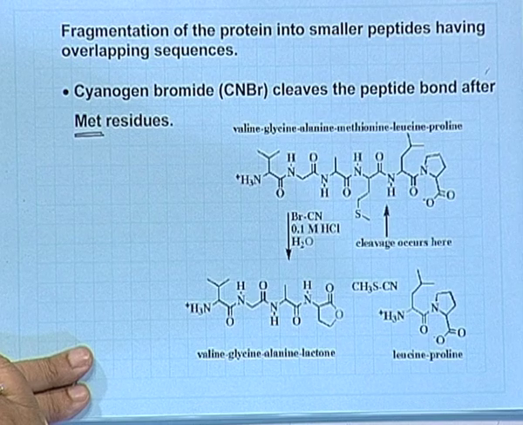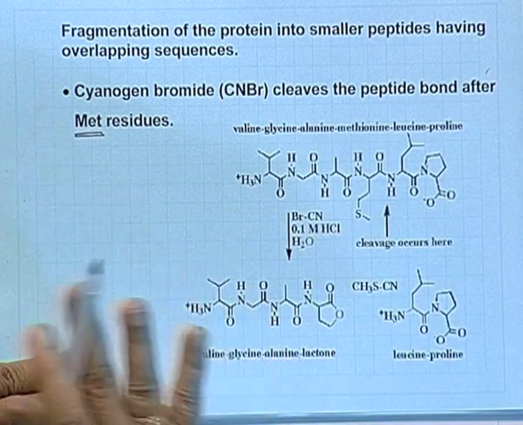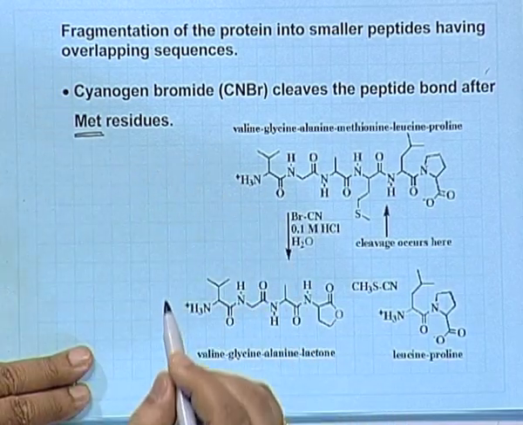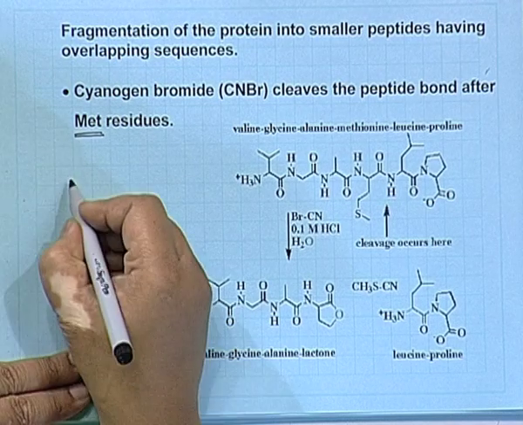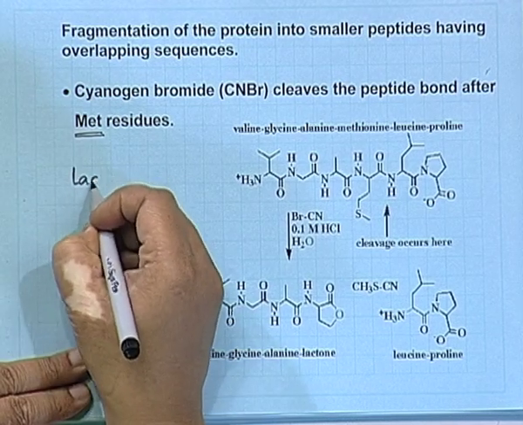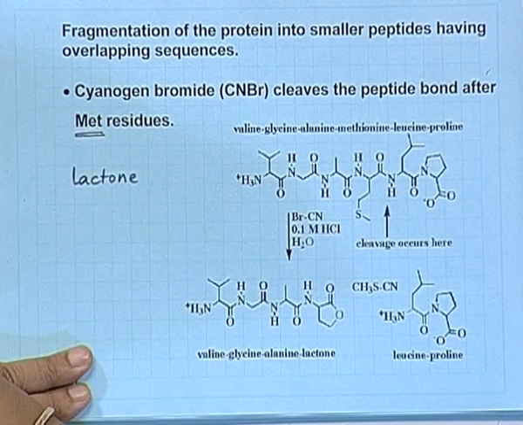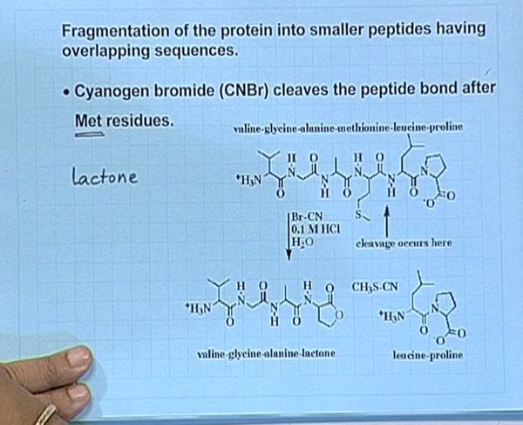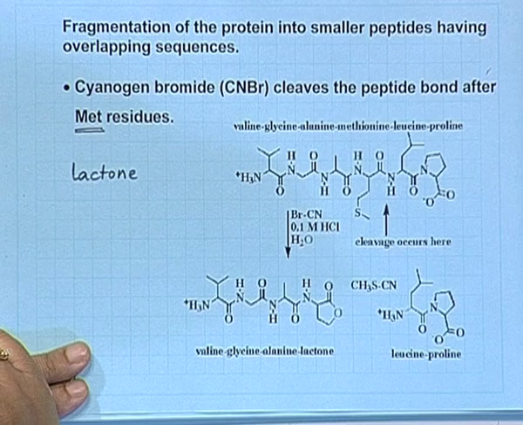So what happens in this case, what you need to know, I have just given the mechanism here, but that is not important. What we need to know is that a certain lactone is formed. So we have the formation of a lactone. The lactone is formed where the methionine residue was in the polypeptide chain. What does that mean?